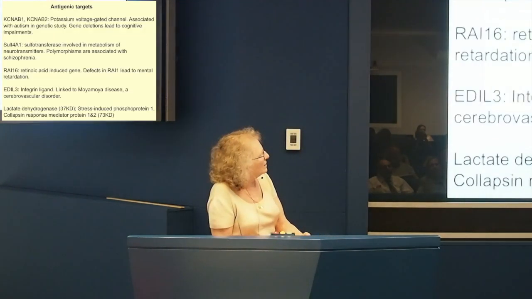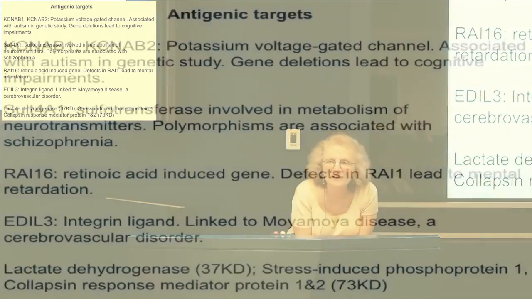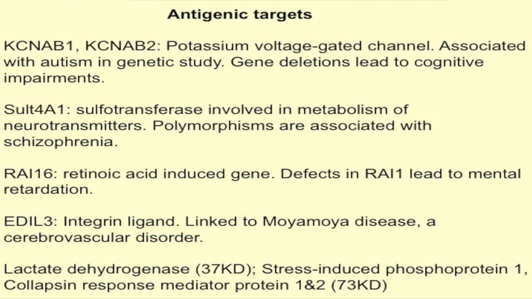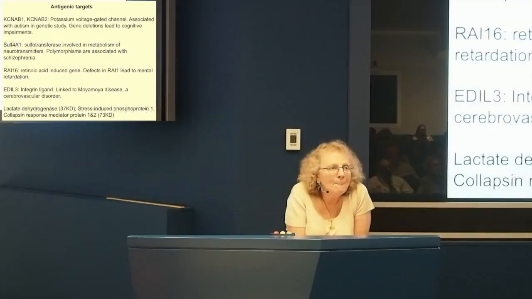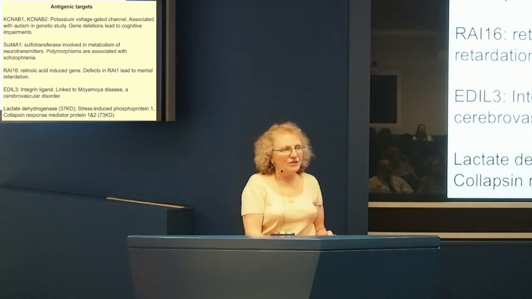So it has real specificity. These are other antigenic targets that have all been related to abnormal brain development, either in GWAS studies or in knockout studies in mice that Lior has generated monoclonal antibodies to.